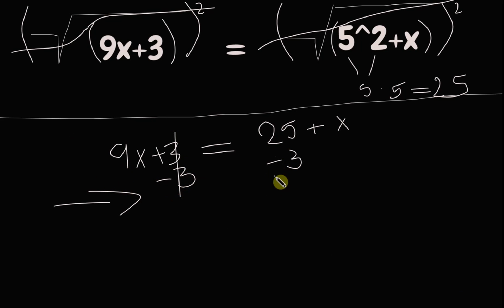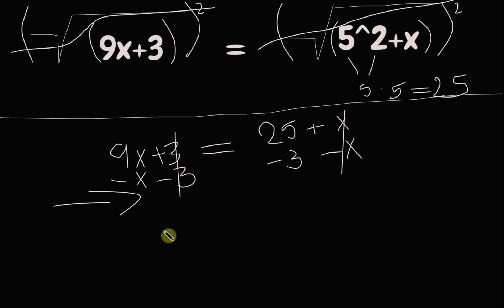Then we take, well actually let's not do that. That gives us negatives. Then we take away x over here, cross that out, and take away x over here. This is because the equal sign is a balance. Whatever you do to one side of the equation, you do to the other.